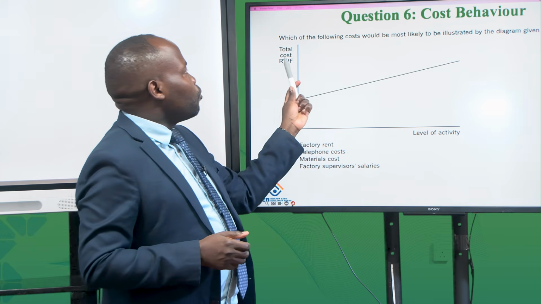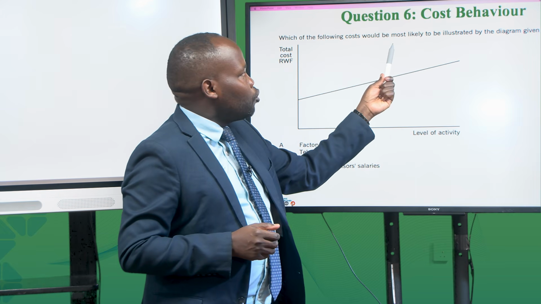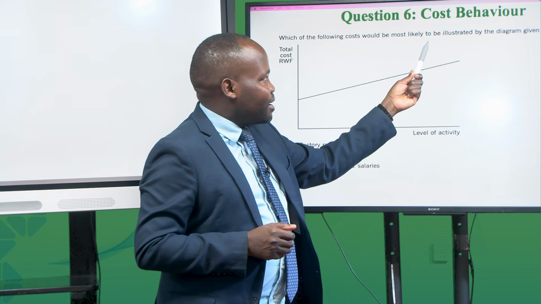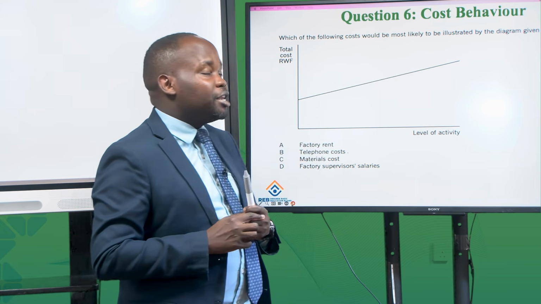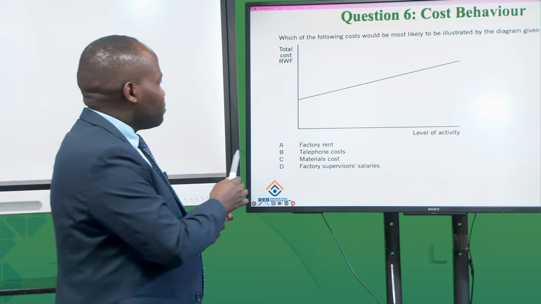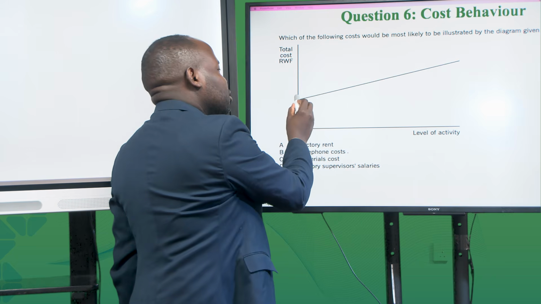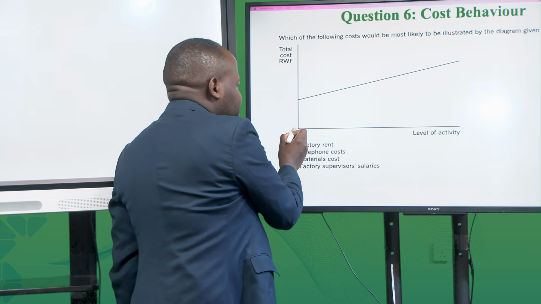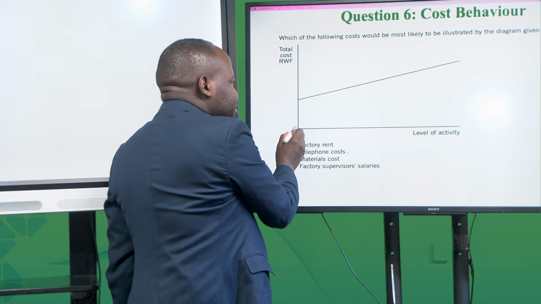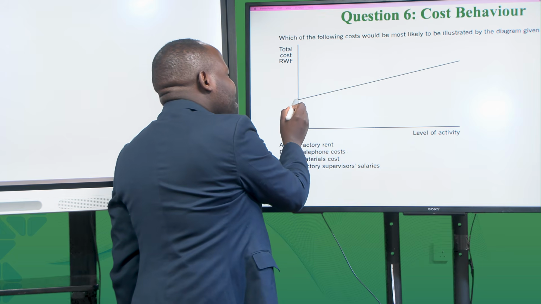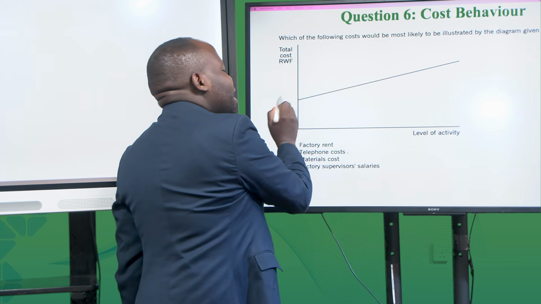We are being told which one of the following costs would be most likely to be illustrated by the diagram. Let's look at the diagram. It has again the x-axis and the y-axis, but the cost does not start from point 0. It starts from somewhere along the y-axis.